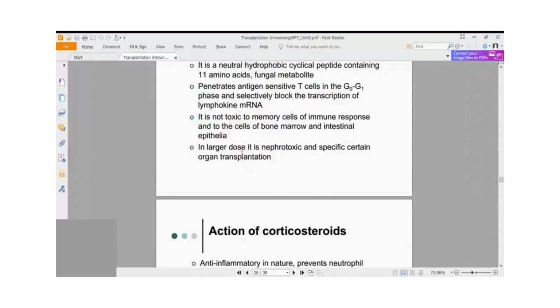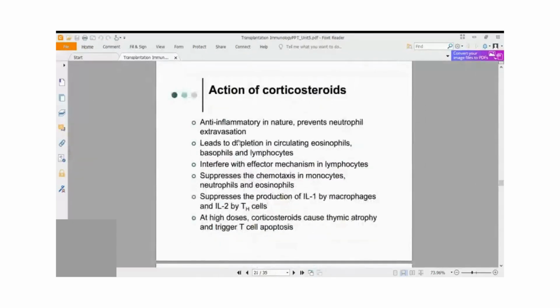Then coming to the last example of the immunosuppressive drugs, that is corticosteroids. These corticosteroids are anti-inflammatory agents used for various types of anti-inflammation, not only during transplantation.